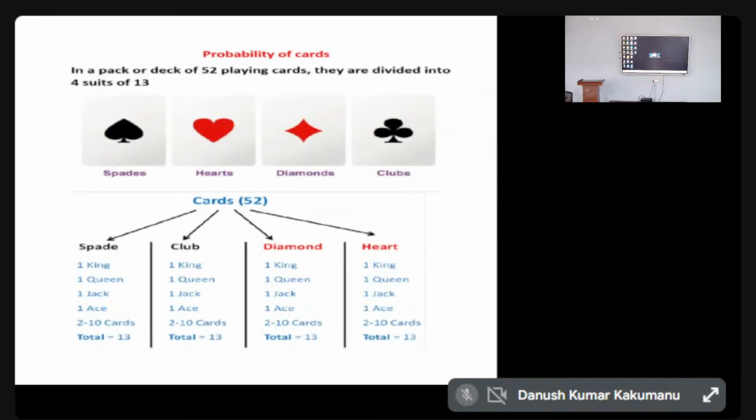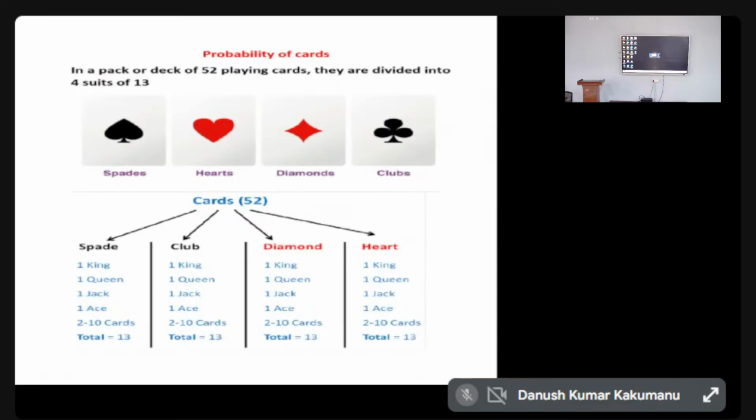In each suit there is a king, queen, jack and ace. Totally there are 4 kings, 4 queens, 4 jacks, 4 aces. Among them, some have special names. Human face: how many cards have faces?